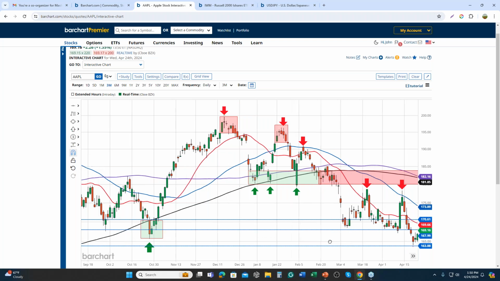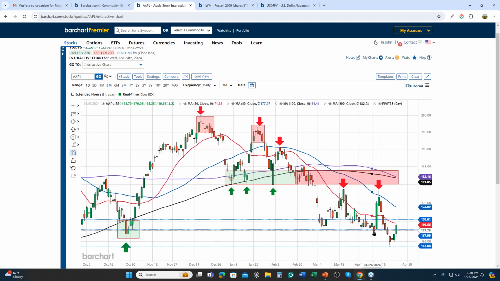Look how well this level on the first and second touch was a good level to enter. On the third touch, we got a little deeper into our zone, and that deeper penetration suggests the zone may be weakening. That is the technique, and why I use candlesticks over a bar chart. But again, it's up to the trader.